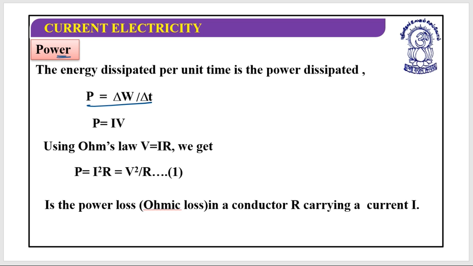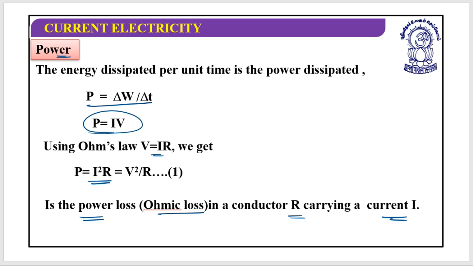P is equals to delta W by delta T. If I replace this P with VI, and using Ohm's law, V is equals to IR, the power can be written as P is equals to I square R or V square by R. It is the power loss. We even say this is an ohmic loss in a conductor R which is carrying a current I.